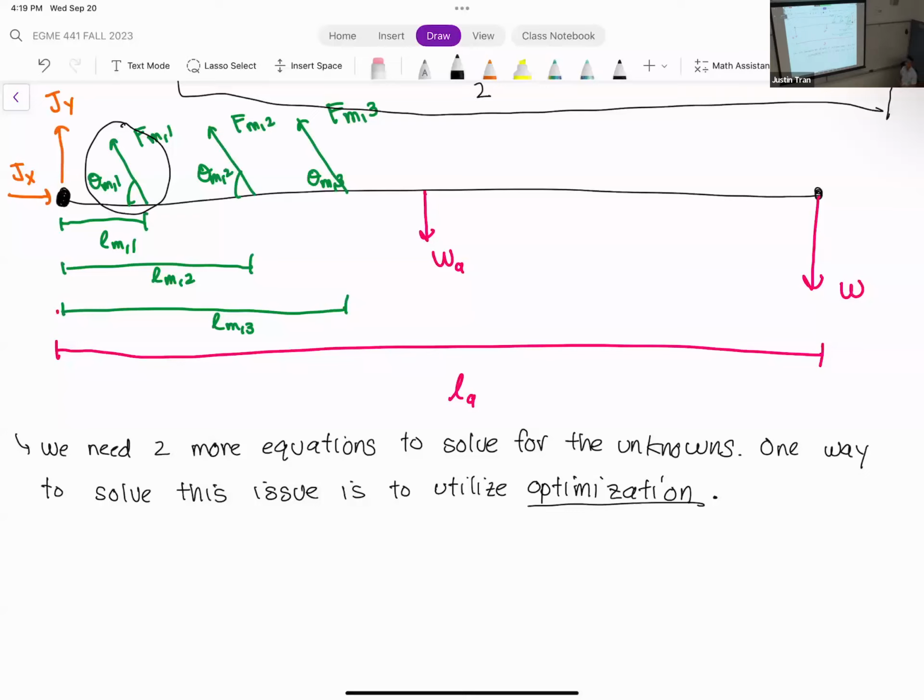But to run an optimization, you need one additional thing, which we call an objective function. Here, we need some kind of criteria for how we can split the muscles. In a nutshell, the criteria usually used in biomechanics is energy efficiency.